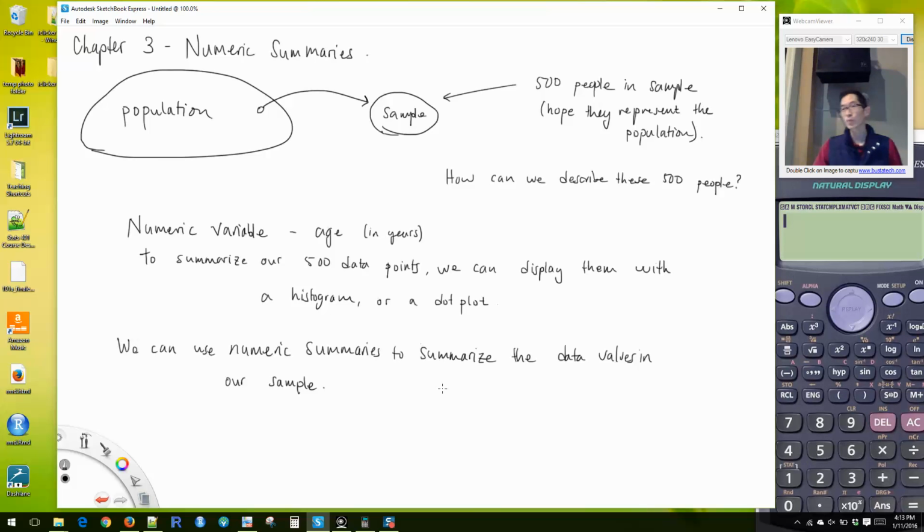If we wanted to compare one country or one nation to another nation, we can describe its overall economy with something like GDP, gross domestic product, which is supposed to be the total value of goods and services produced by the country.